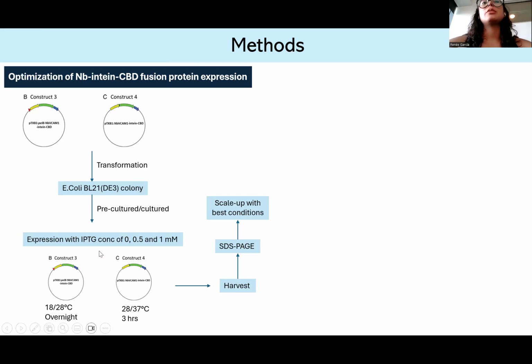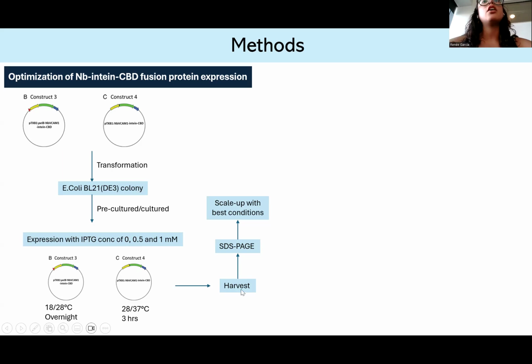So they can be expressed by changing the concentration of IPTG, which is the inducer that allows the protein expression at different concentrations. They also let these cultures grow at different times and at different temperatures.